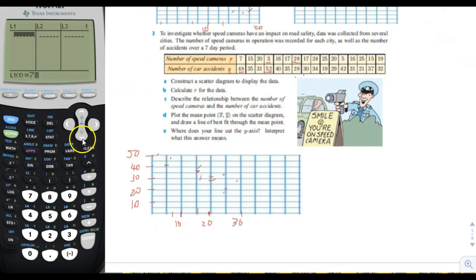We'll start off with 7, then 15, then 20. I'll do this offline so that you don't have to watch me do all this. Okay, so I have all my data now in StatEdit. To find the r value, I'm going to do StatCalc, LinReg. And remember, I have diagnostic on. So I can see that r is negative 0.878.